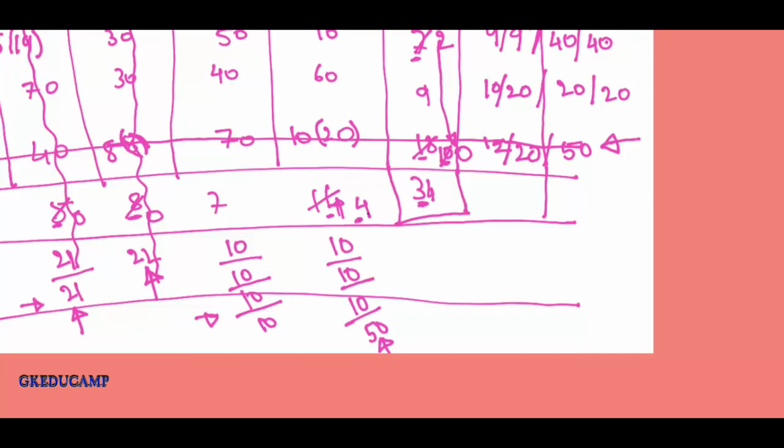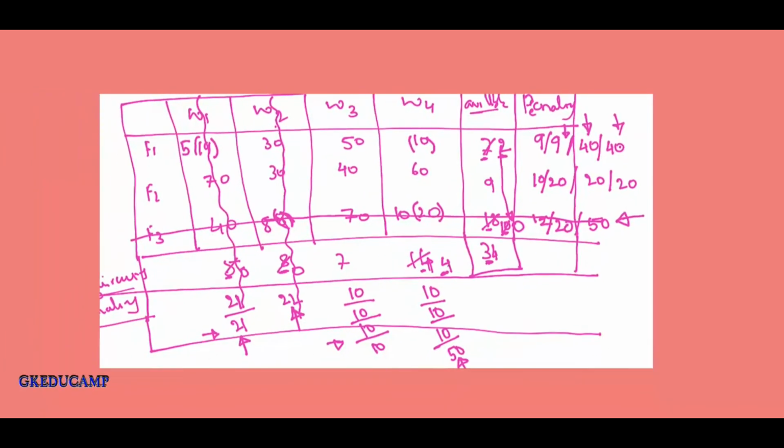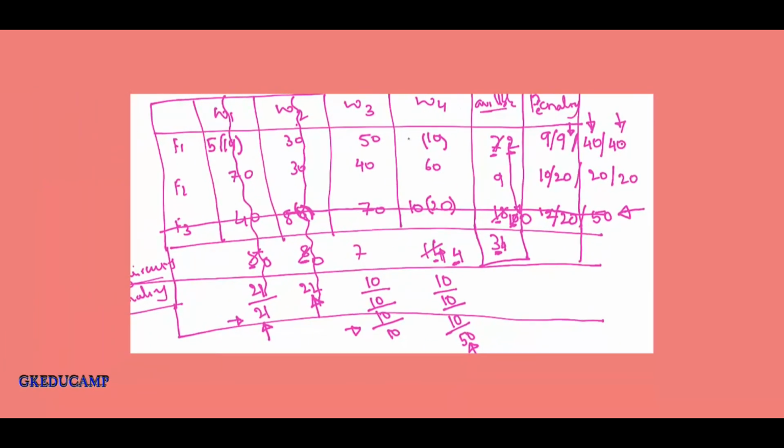If you reframe the solved table with allocated cells, it will look like this: W1, W2, W3, W4, F1, F2, F3. I will change the color.